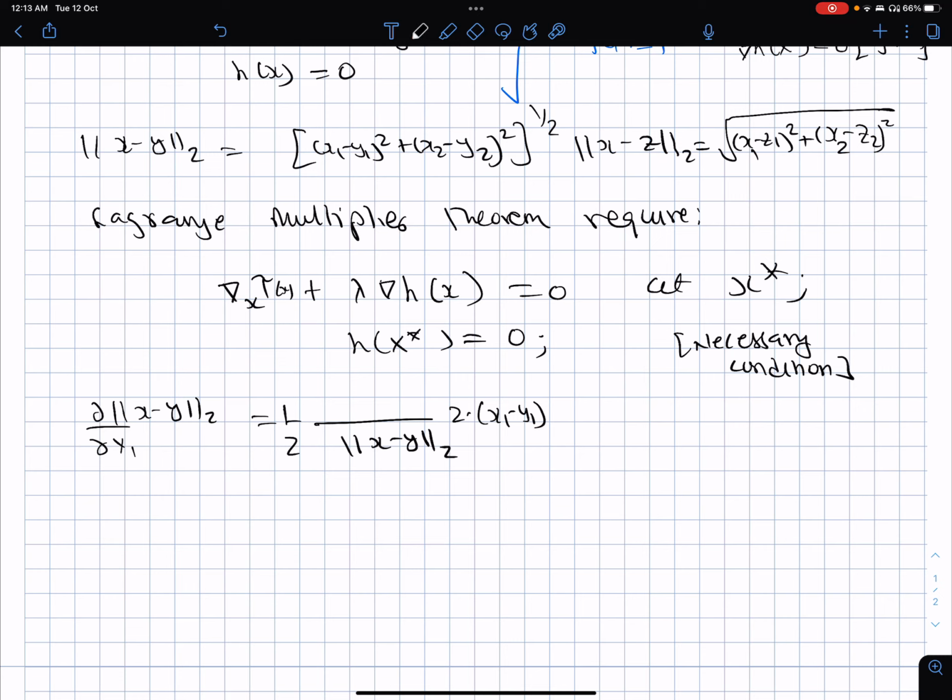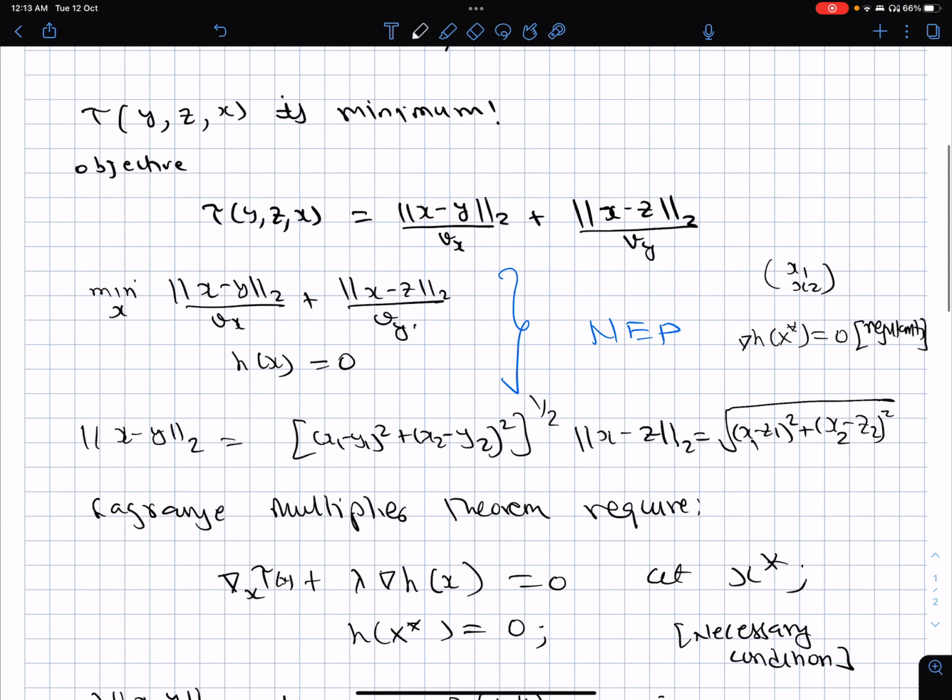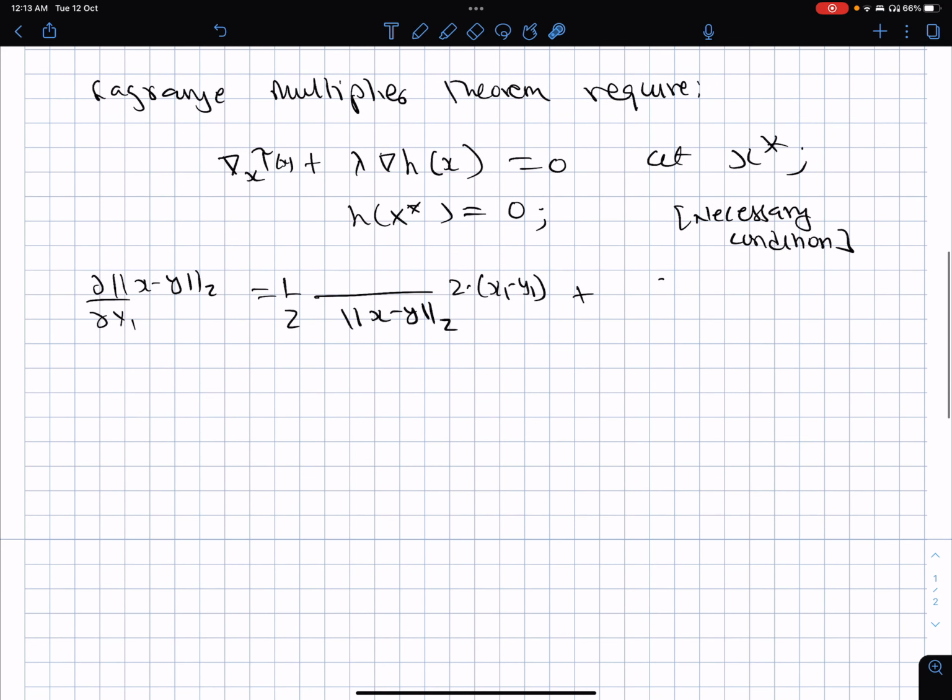Later on this 2 and this 2 are going to cancel out. Okay, I'm sorry, we'll just go systematically. So first I just write this, which is the same as x1 minus y1 by the length of x minus y.